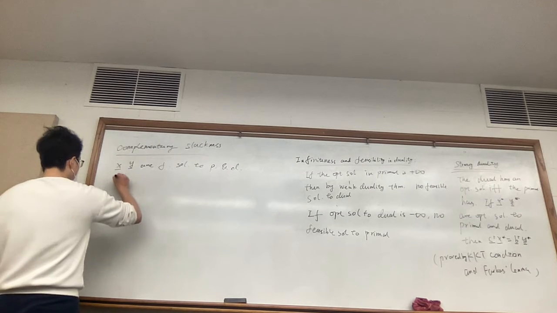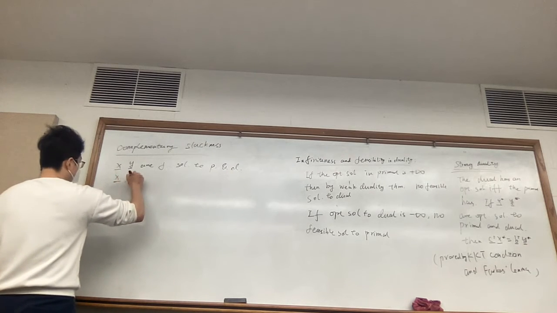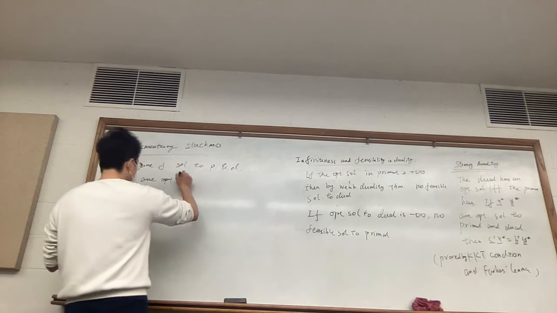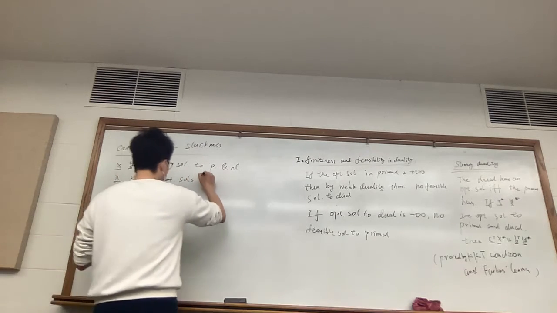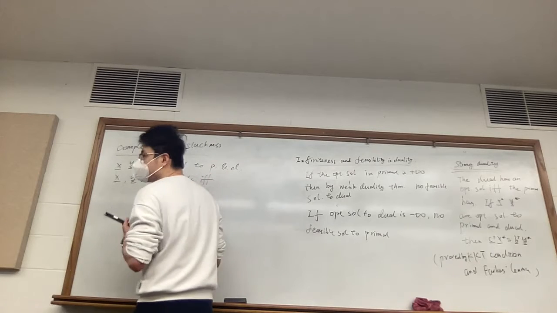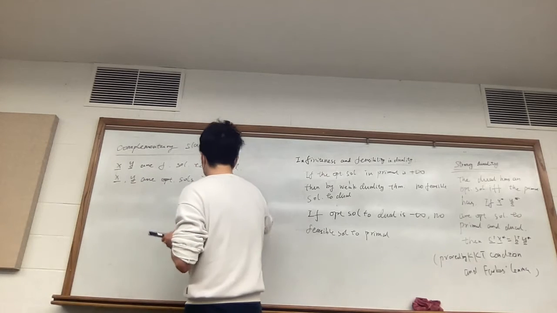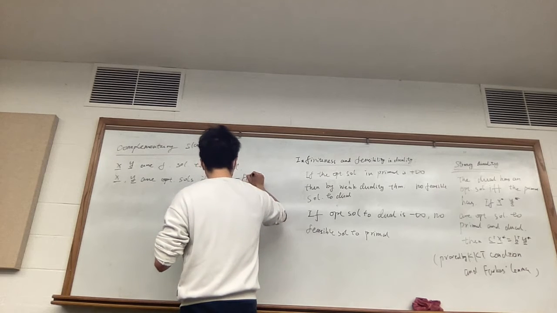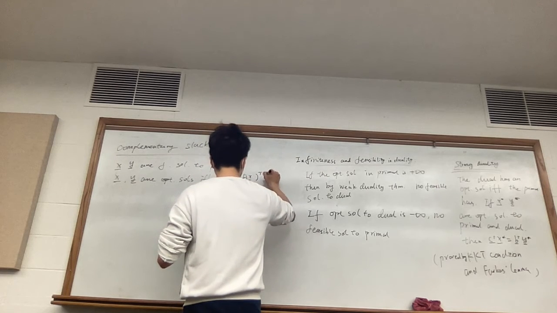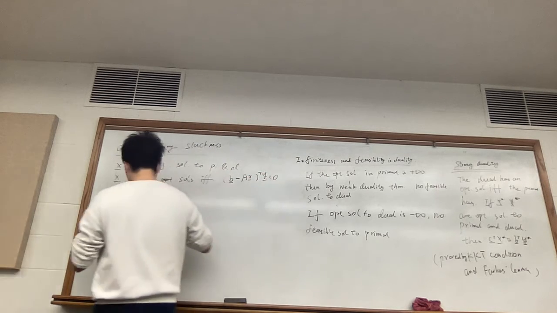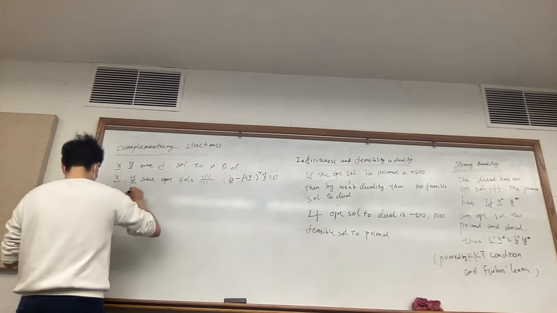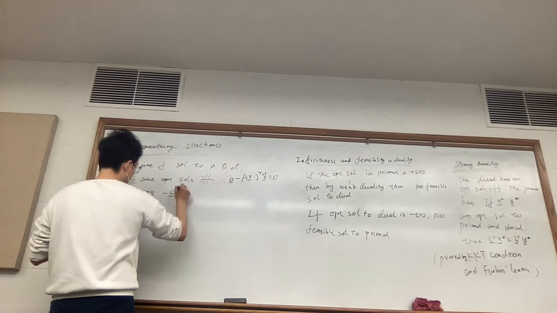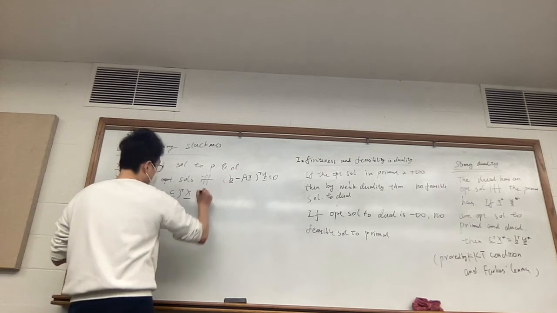And we can also say that x, y are optimal solutions if and only if, yes, this is a sufficient and necessary condition, if and only if (B minus Ax) transpose y is equal to 0, and (A transpose y minus C) transpose x is equal to 0.